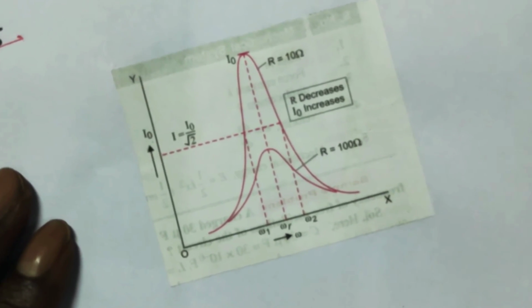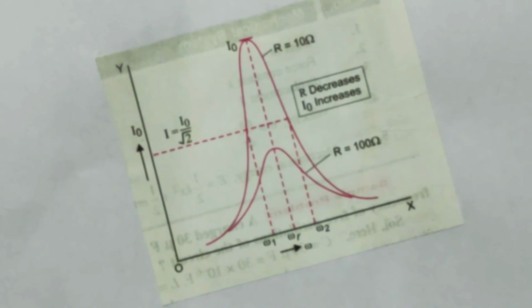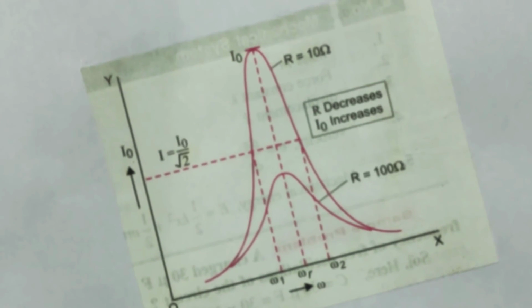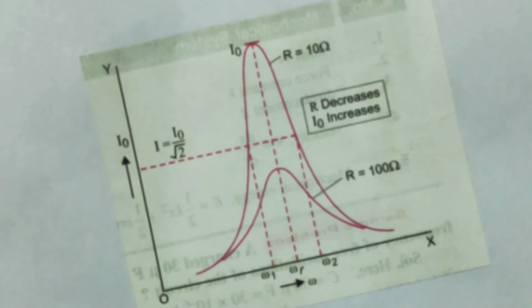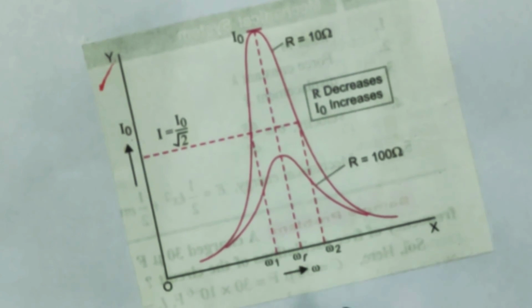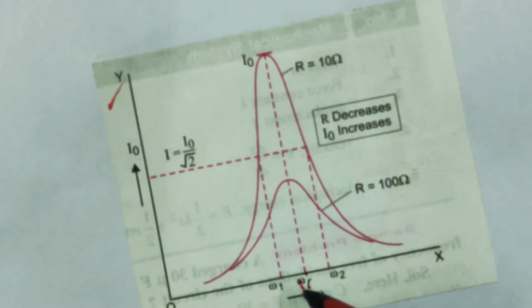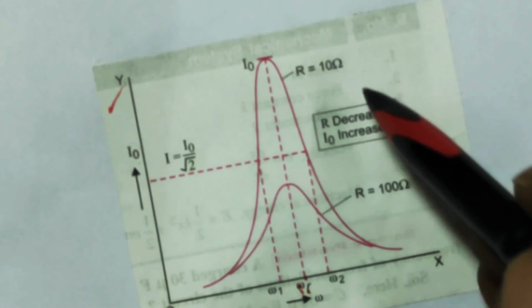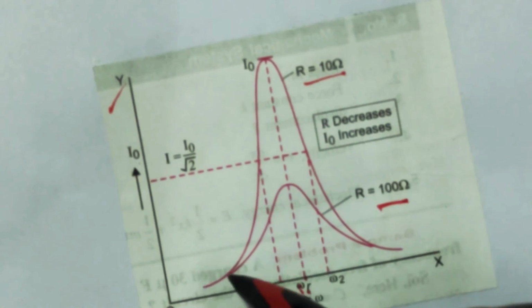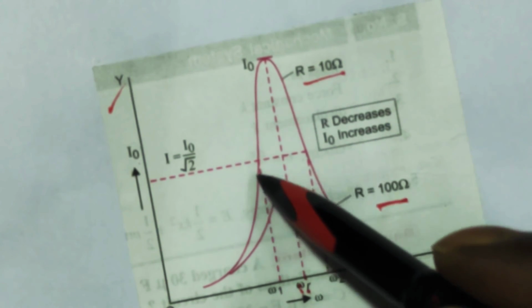So let me explain this a little in this graph here. Now look at the graph. To this side is current, to this side is your omega. This one is omega R. I have taken two values of resistance, 10 ohm and 100 ohm. Now look at this part.